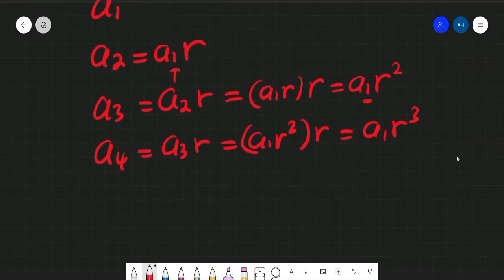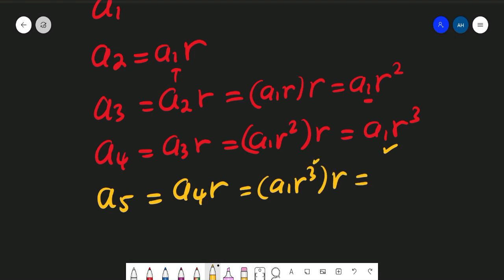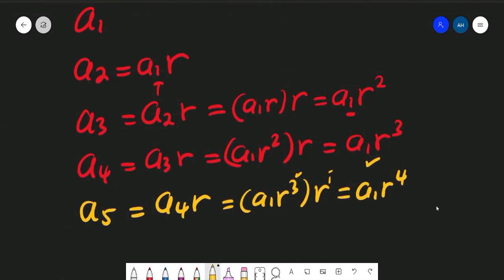Now let's do another one, that is A5 must be A4 multiplied by R. Now this is A4 here, so I want to replace A4 by A1 R cubed multiplied by R. Now see here, we have R cubed and also R to the power 1, so when we multiply we have to add the power, so we have A1 R to the power 4, because 3 plus 1 is equal to 4.